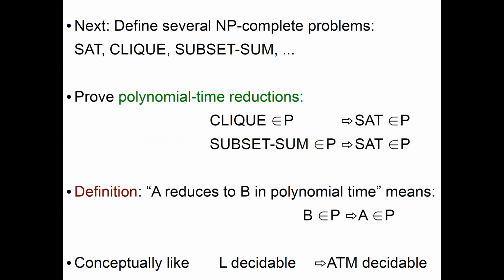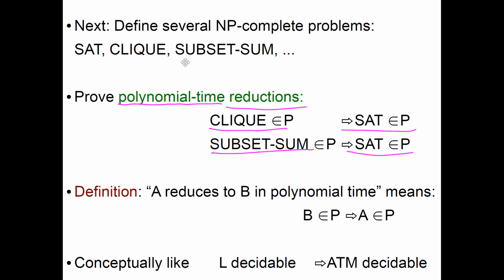So what we're going to do next, we're going to define several NP-complete problems, like SAT, clique, subset sum, and we're going to prove polynomial time or power time reductions, which are implications of the form: if clique is in P, then also SAT is in P. If subset sum is in P, then SAT is in P.